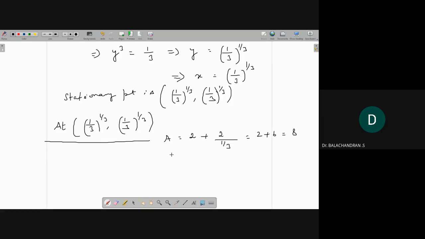Okay. B is 1 because it is independent of x and y. So B is 1. C is again 2 plus 2 by y cube. This is y, y cube is 1 by 3. So 2 plus 6, 8. Okay. Now delta equal to AC minus B square.